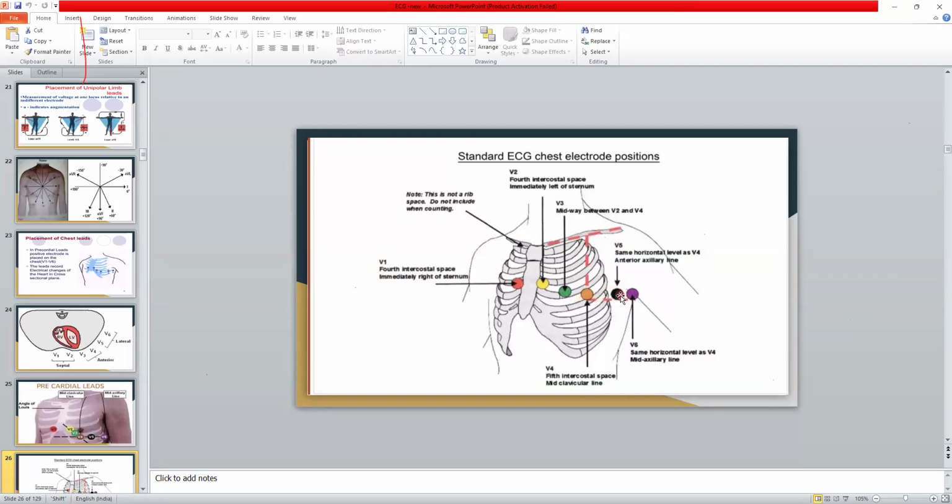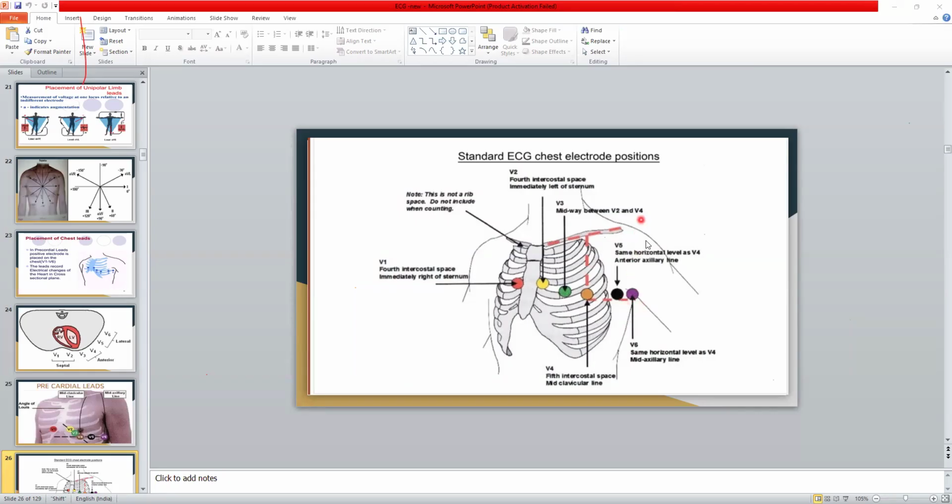Where do you have to place the V5 lead? In the same horizontal plane, that is in the fifth intercostal space, but in the anterior axillary line. Coming to the V6 electrode, you have to place the electrode in the same plane, that is the fifth intercostal space, but in the mid-axillary line.